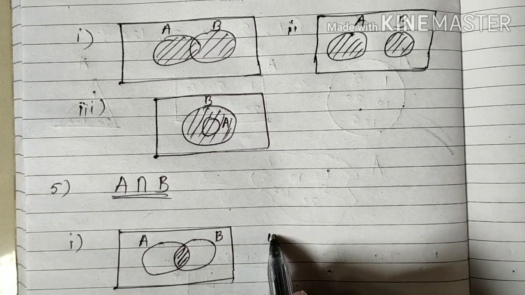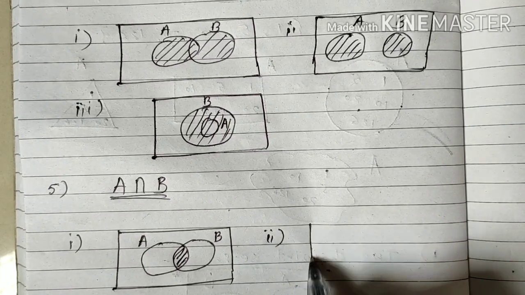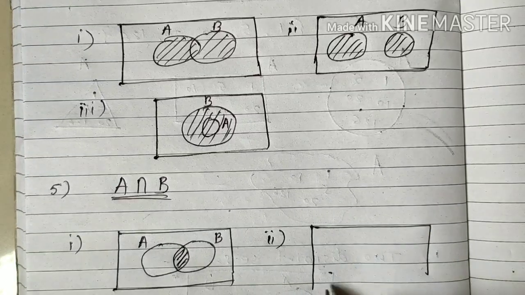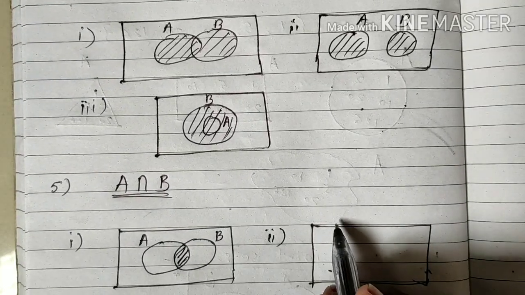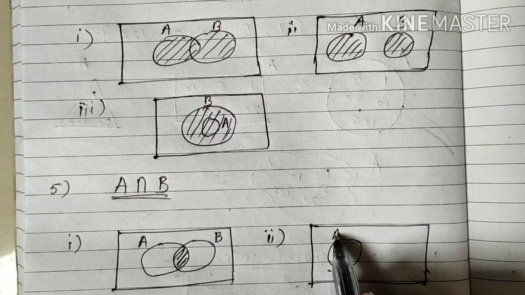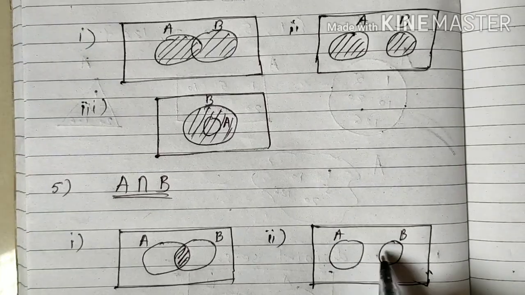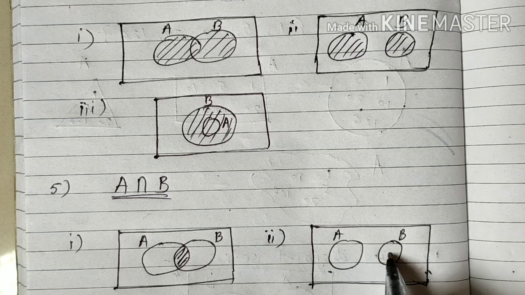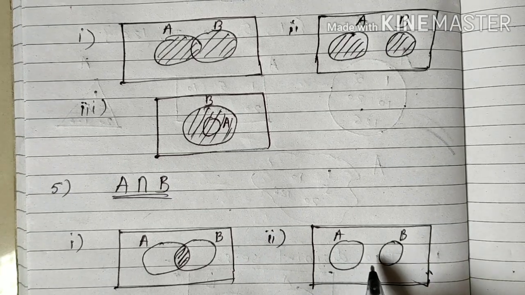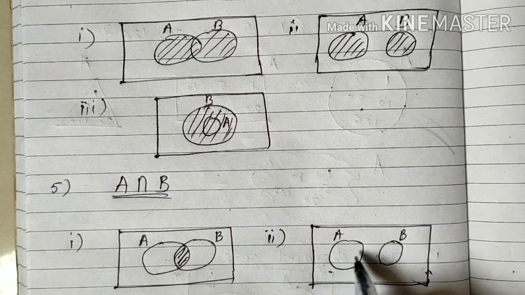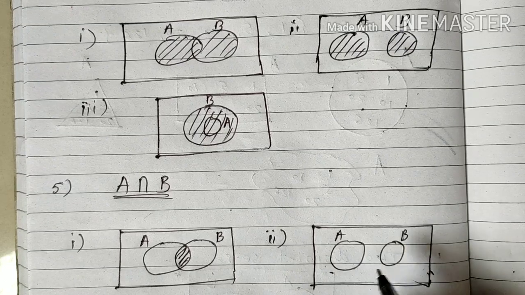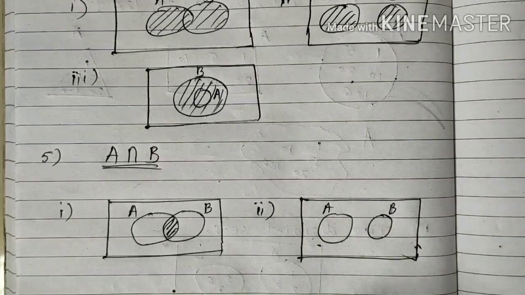Then second case, if A and B are disjoint sets, between the two sets nothing is common, so no element is common, and the intersection set will be the empty set.